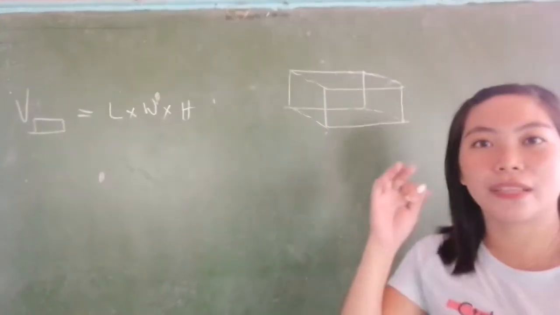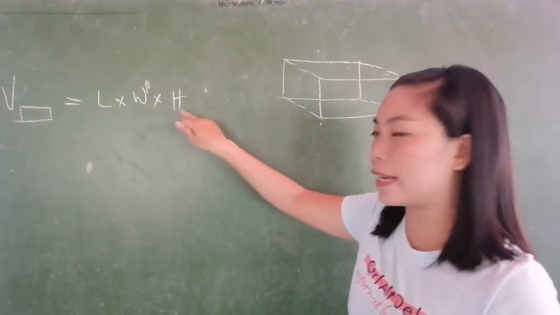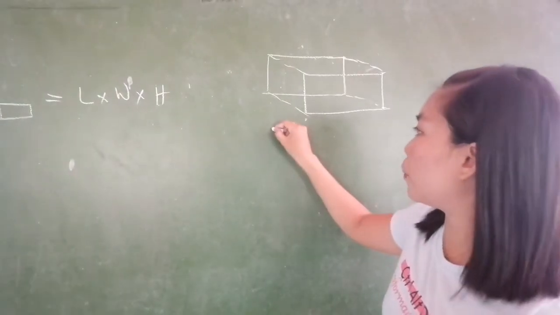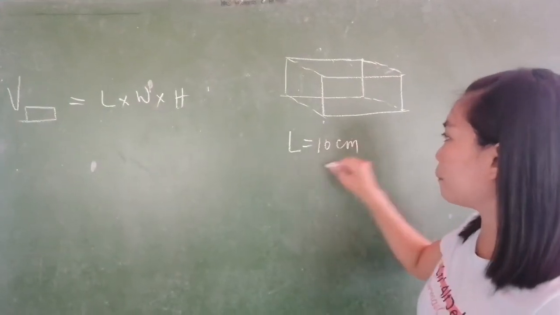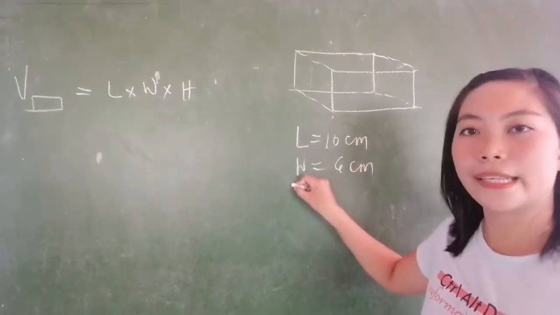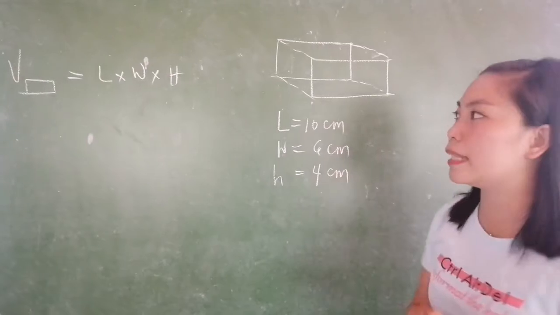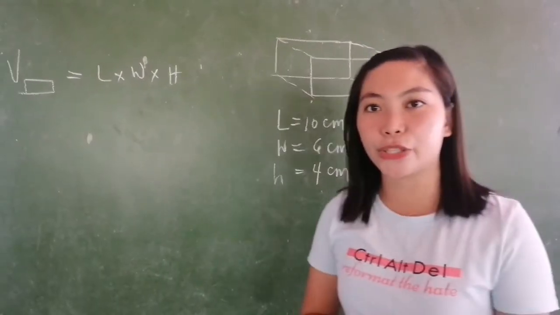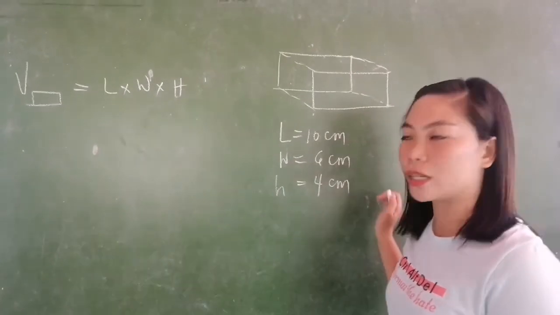Okay, so there are 3 dimensions here. So, you have length, width, and the height. So, for example, the length measures 10 centimeters. Then, the width measures 6 centimeters. And the height measures, let's say, 4 centimeters. Now, let's find the value of our rectangular prism given the dimensions here.